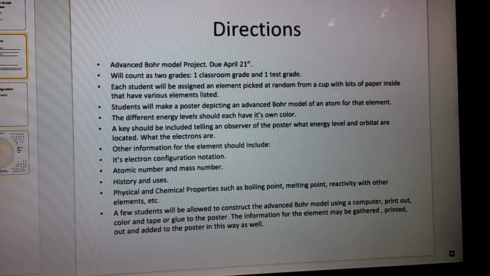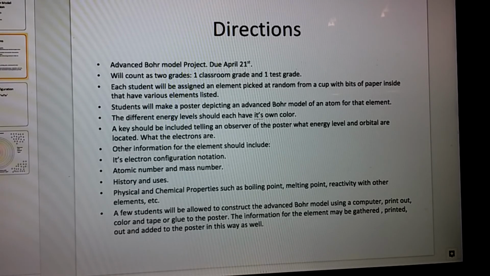I try not to make it unfair: if you give a student something like hydrogen or helium while someone else gets something really large like this, it's not really fair. You want to not have huge differences in the atoms assigned for models.